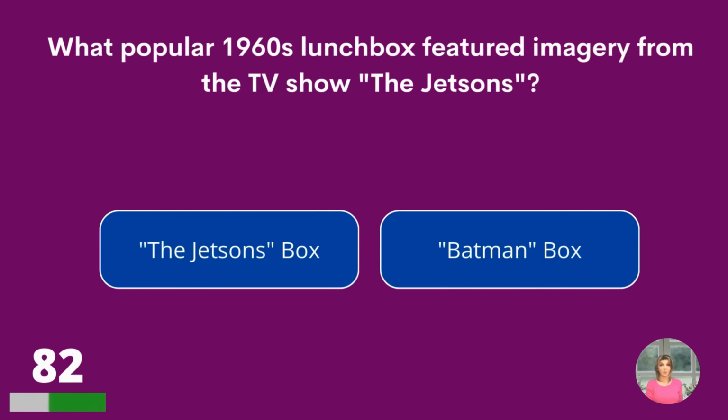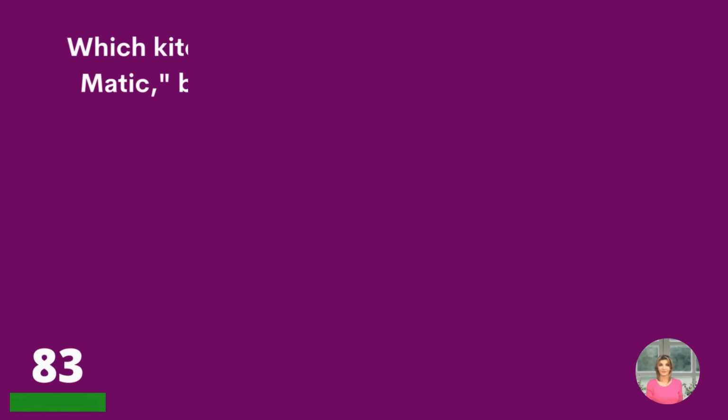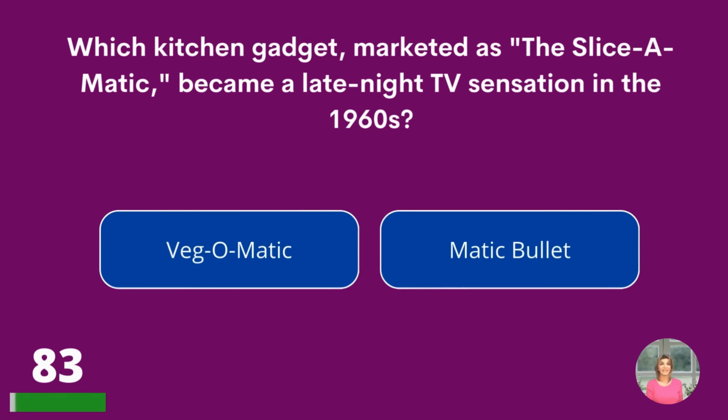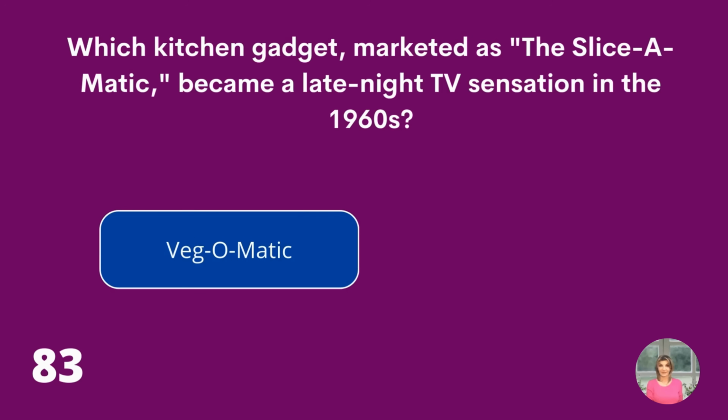The Jetsons box or Batman box? The Jetsons box. Which kitchen gadget, marketed as the Slice-O-Matic, became a TV night sensation in the 60s? Vegematic or Matic Bullet? The Vegematic.